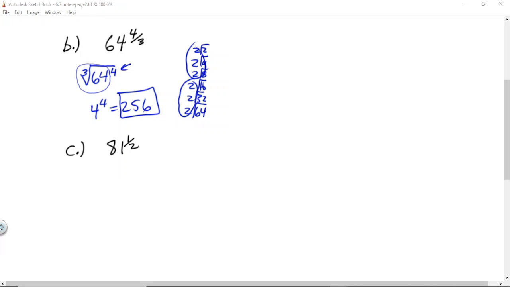So this is 81 to the 1/2 power. And our steps are now off the screen. But we can remember them. We first write it in radical form. So the denominator is 2, so the index is 2, so we don't even have to write the index. It's square root, right? The power is 1, right? So that's what we would put as our exponent.